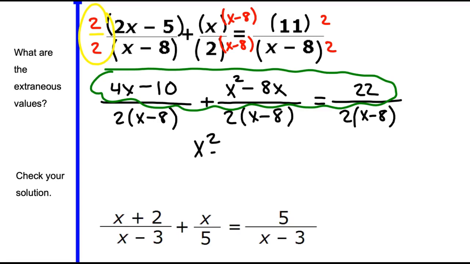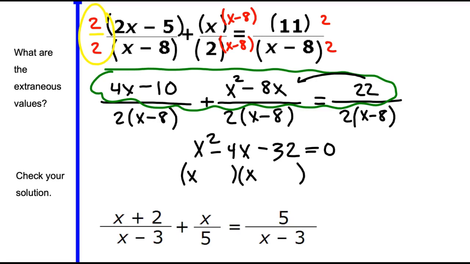So we have x squared minus 4x on the left side, and then we also have a minus 10 on the left, and if I move the 22 over there, it's going to be a minus 32. And then I can factor that, hopefully. Looks like it factors x and x, minus 8 and plus 4. So my two solutions, before I check extraneous, are 8 or negative 4.